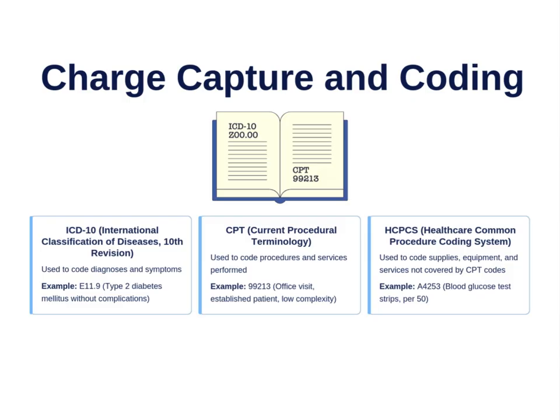HCPCS includes CPT codes as level 1. CPT level 1 covers items and services not found in level 2, which are really important for Medicare and Medicaid. Again, mostly durable medical equipment, or DME.